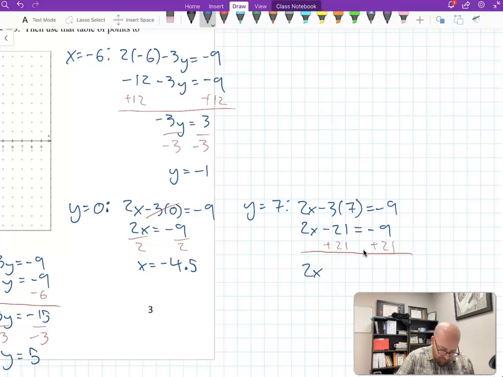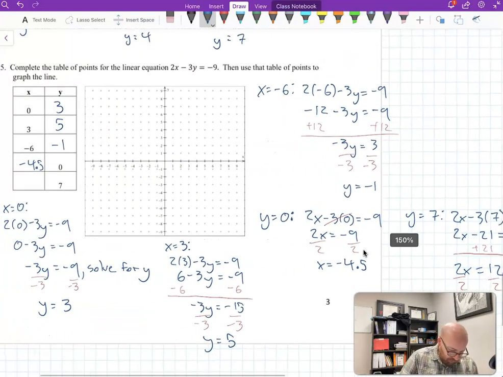So we have 2x is equal to -9 plus 21, which is 12. And then divide both sides by 2. And we get x is equal to 6. So we'll put 6 over here.